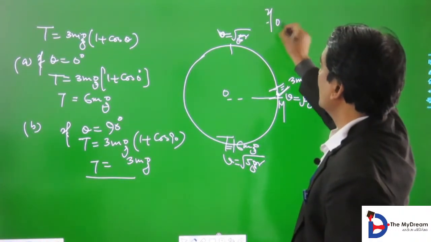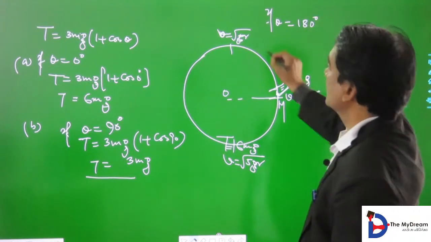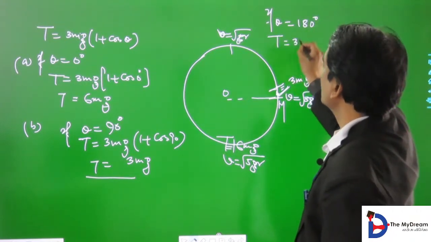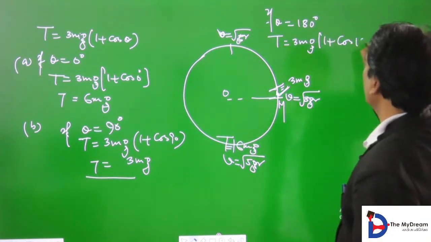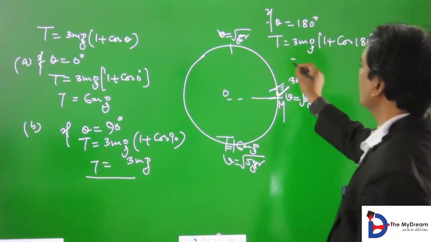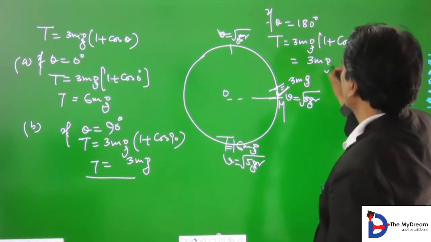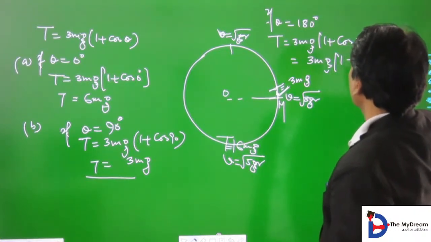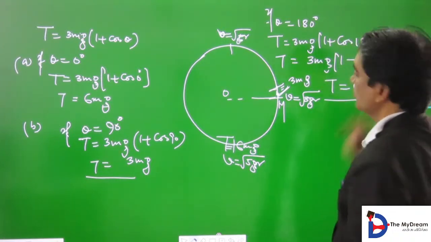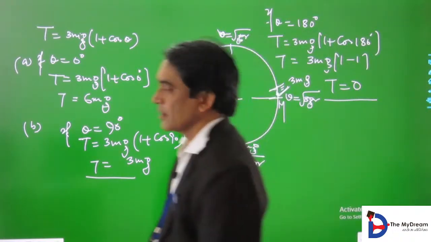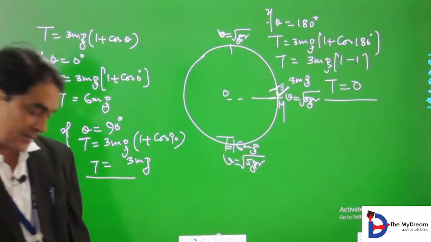If theta is equal to 180 degree, then thrice of mg(1 plus cos 180). Cos 180 is minus 1, 1 minus 1, and this is 0.